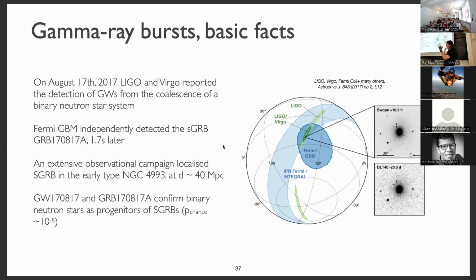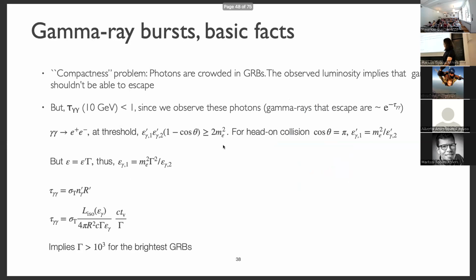And after an extensive campaign with optical telescopes pointing to look for the host galaxy, they found a host galaxy, which is about 40 megaparsecs from the Earth, in which we now think both the neutron star merger and the short GRB originate. So this was very important because for many years, people thought that short GRBs are the product of neutron star mergers, but nobody had any proof. So this was proof of a very well-accepted model, and a very important moment for multi-messenger astronomy.